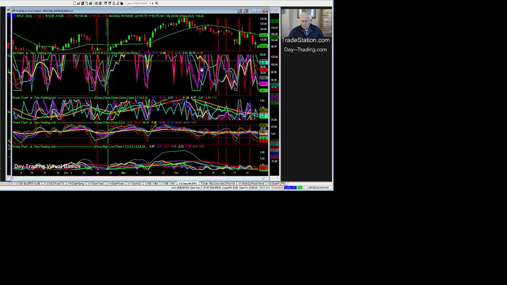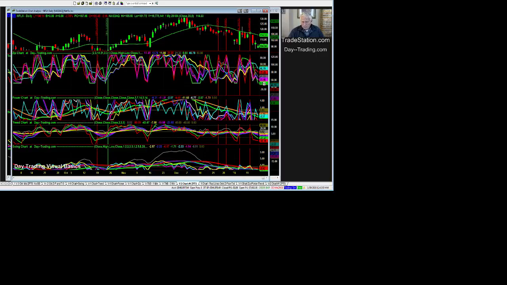One of the things you may not be aware of, if you haven't seen it on a previous video, is that the yellow and the blue lines always like to travel together, and when they're far apart, the blue normally comes back to the yellow.